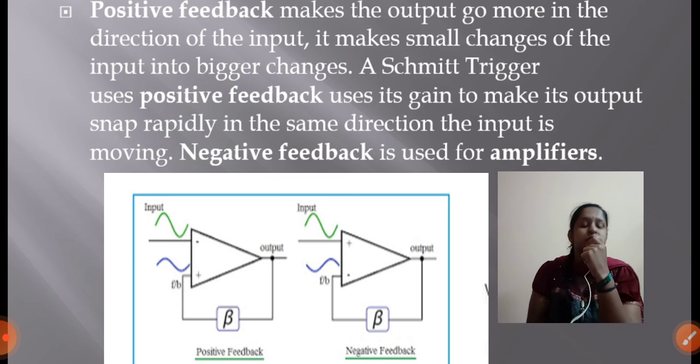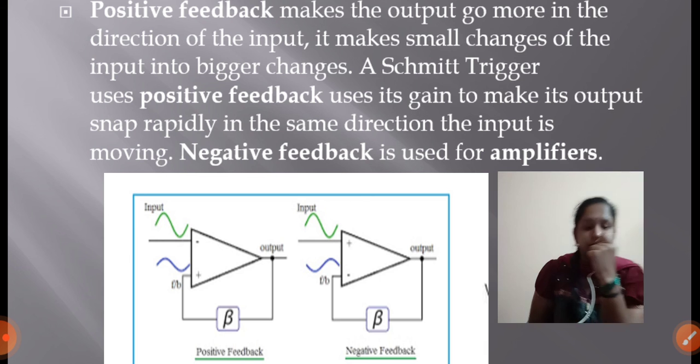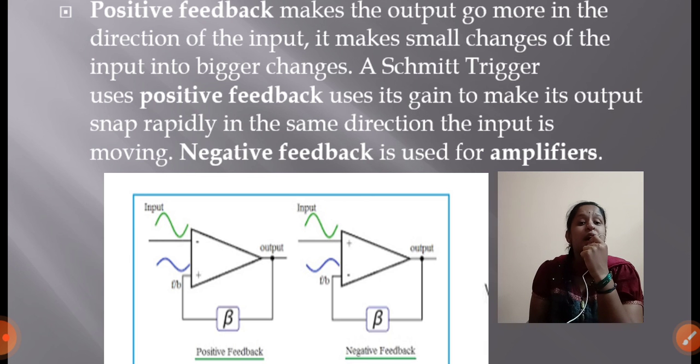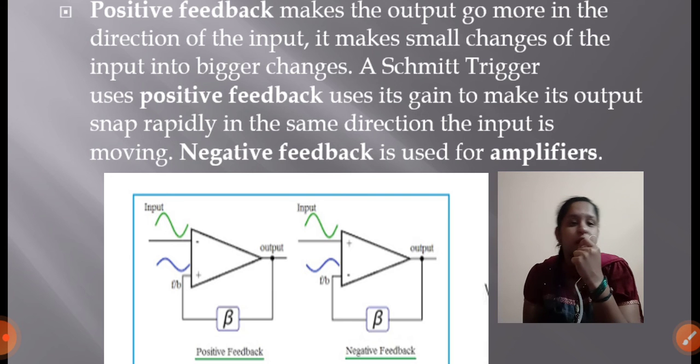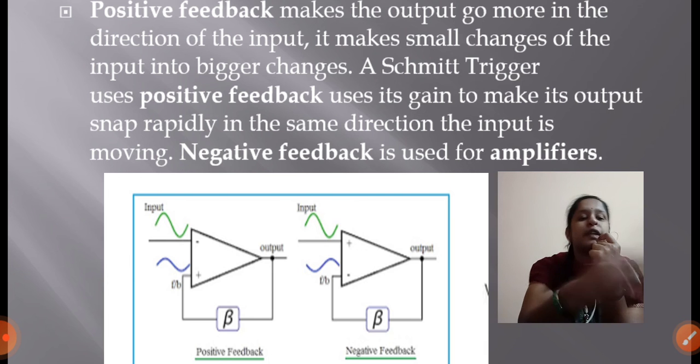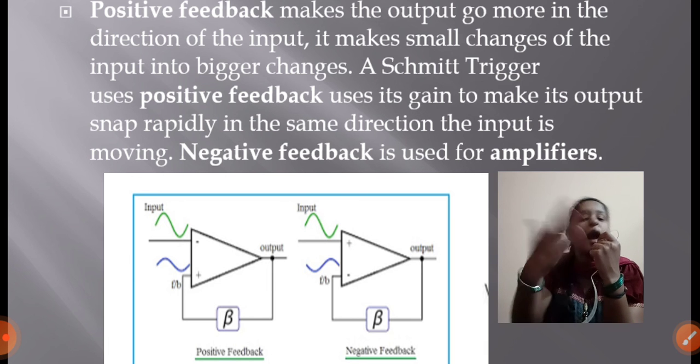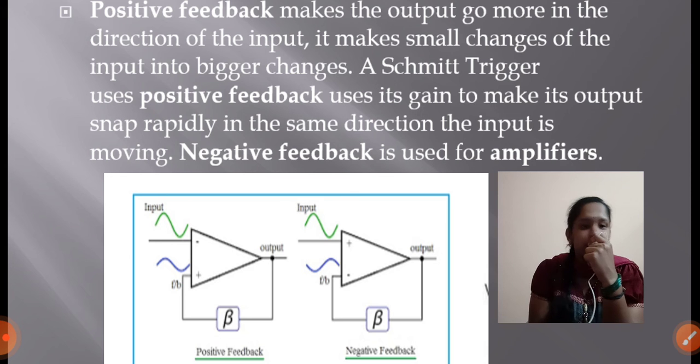Feedback from the non-inverting terminal goes to the output. Obviously you can get the sine wave at the non-inverting terminal, and the output will be the sine wave with the amplified signal. That is right.